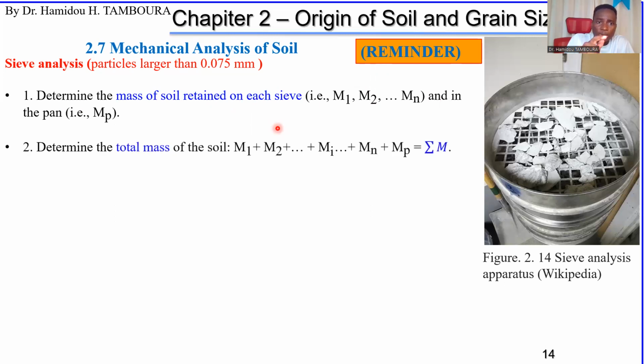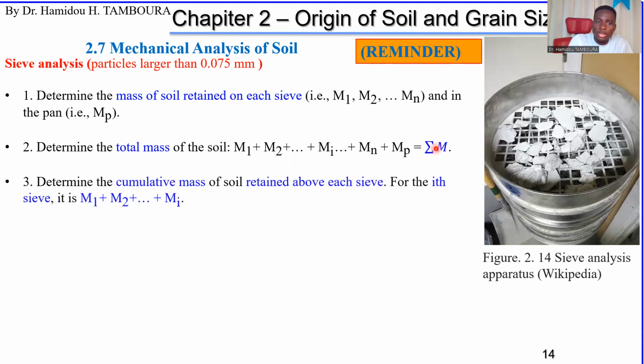Step number two, weigh the total mass after drying, and by adding all the soil retained on the sieves, we can get the total mass.